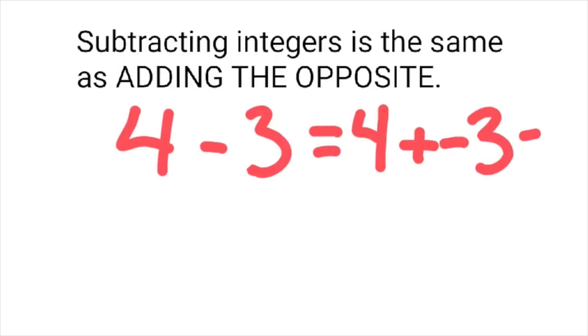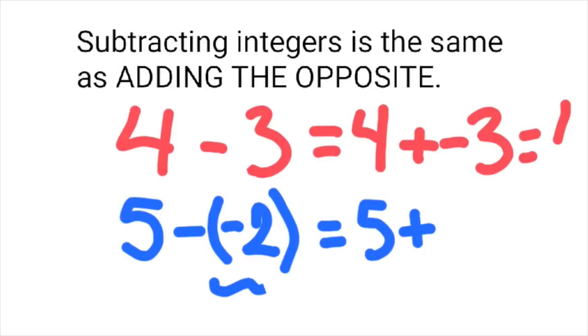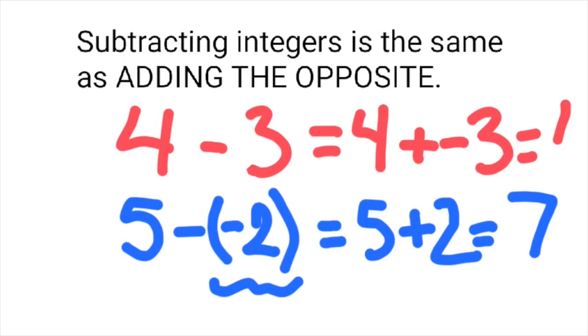They both come out to be equal to 1. If you've got 5 minus negative 2, that's the same as an addition problem, and the opposite of negative 2 is a positive 2. So 5 minus negative 2 is the same as 5 plus 2, which is equal to 7.